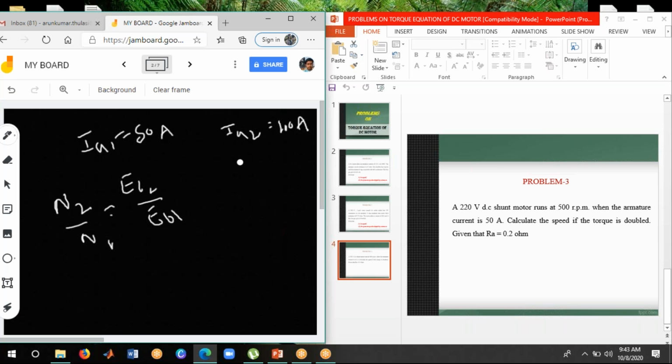Here armature torque is directly proportional to armature current, and back EMF is directly proportional to speed. From this relation we can form this equation. Here we need to find the N2 value. They already gave the N1 value, which is 500 RPM. Now EB2 divided by EB1.